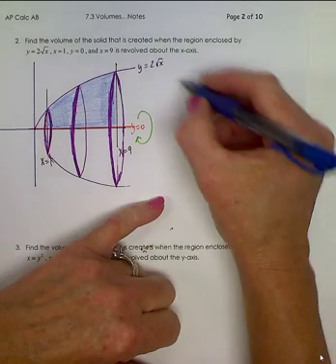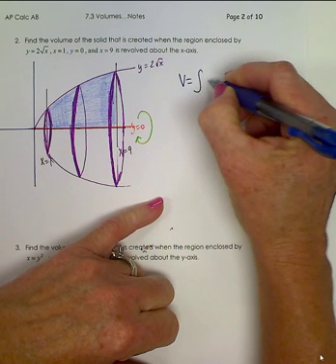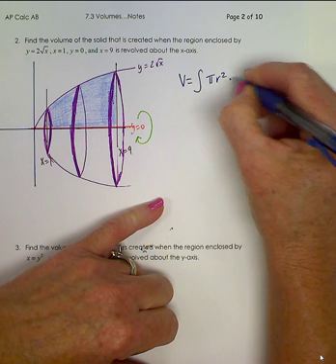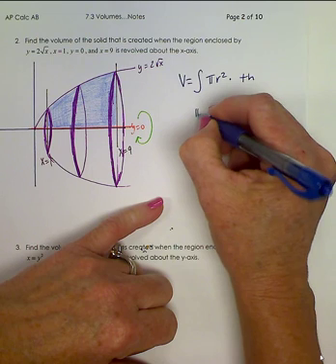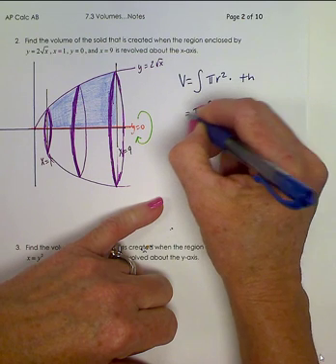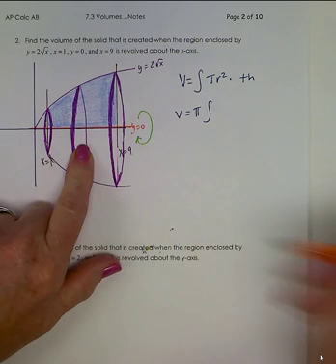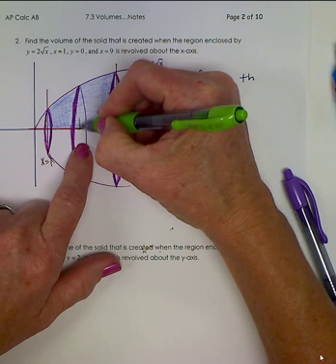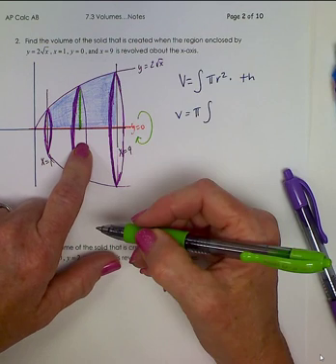Let's find the volume. All right, so volume is, we are going to add up a bunch of circles. So pi radius squared times thickness. Pi comes out. Your radius in your representative slice goes from the axis of revolution to the original function. There's your radius.